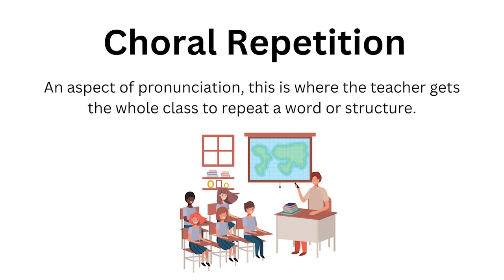For example, Arabic speakers do not have the letter P in their language, so often they pronounce words that begin with a P with a B. So Pakistan might become Bakistan. Pat might become Bat. So it's about trying, again, not to single one individual out, but to get the whole class to do this repetition.